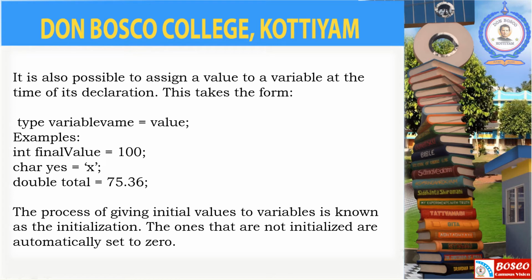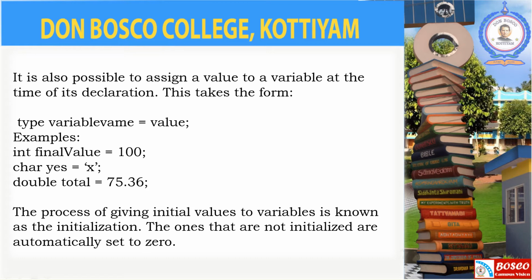And we can also assign a value to a variable at the time of its declaration. The general syntax for this is type space variable name equal to value. Example, int space finalValue equal to 100. Int is the data type, finalValue is the variable name and 100 is the value.